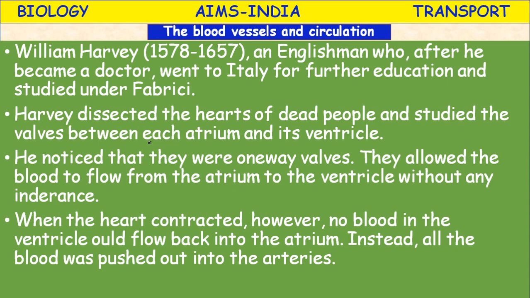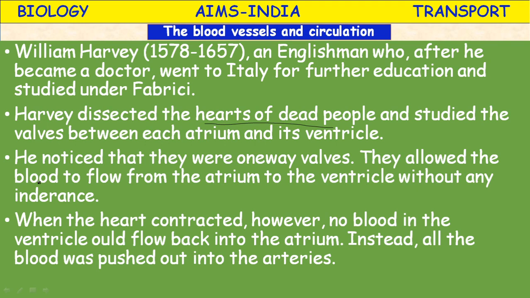Okay, what he has done: William Harvey dissected the hearts of dead human beings and studied the valves between each atrium and the ventricle. There are valves present between the auricles and ventricles, and he noticed that they were one-way valves.